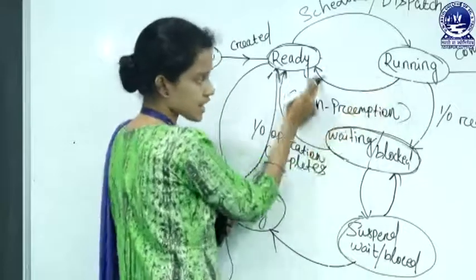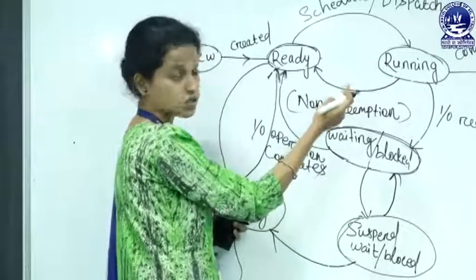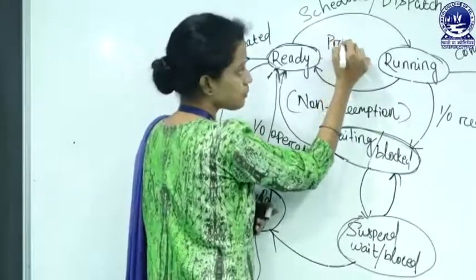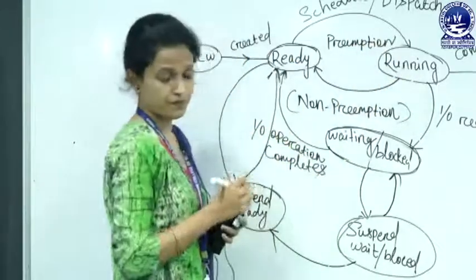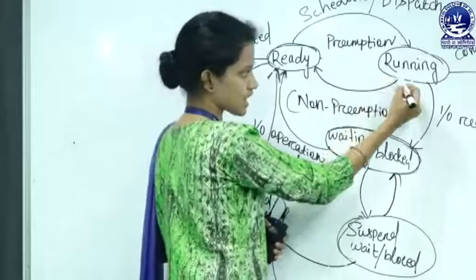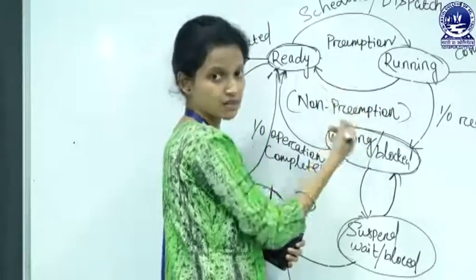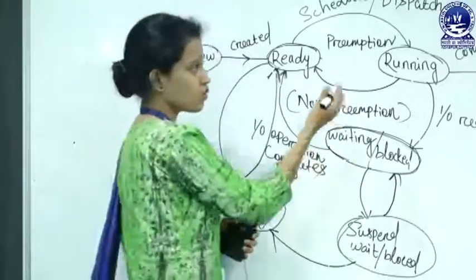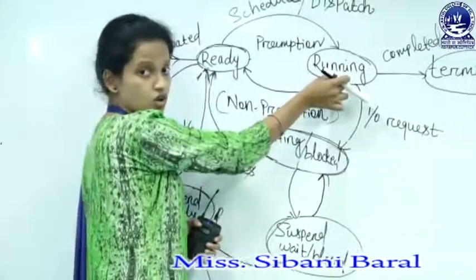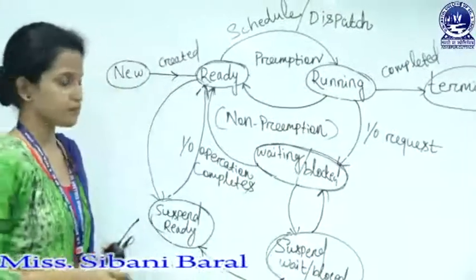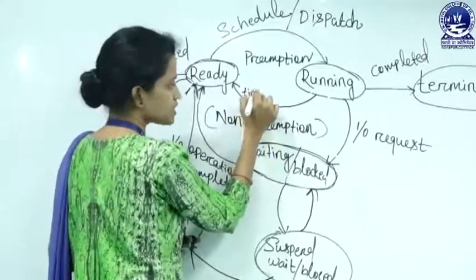If I draw this transition from running to ready, this is one type of multitasking. In multitasking, we can forcefully remove the process from the running state. In which cases? At the time when the time quantum has expired.